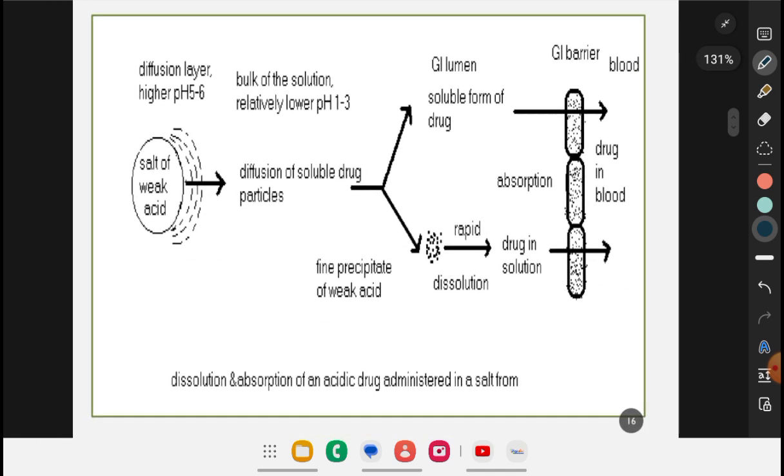Here you can see the diffusion layer, higher pH 5 to 6, and the salt of a weak acid. Diffusion of the soluble drug particles into the GI lumen, the soluble form of the drug is there, and a fine precipitate of the weak acid forms. So their dissolution is rapid and the drug is absorbed across the plasma membrane.